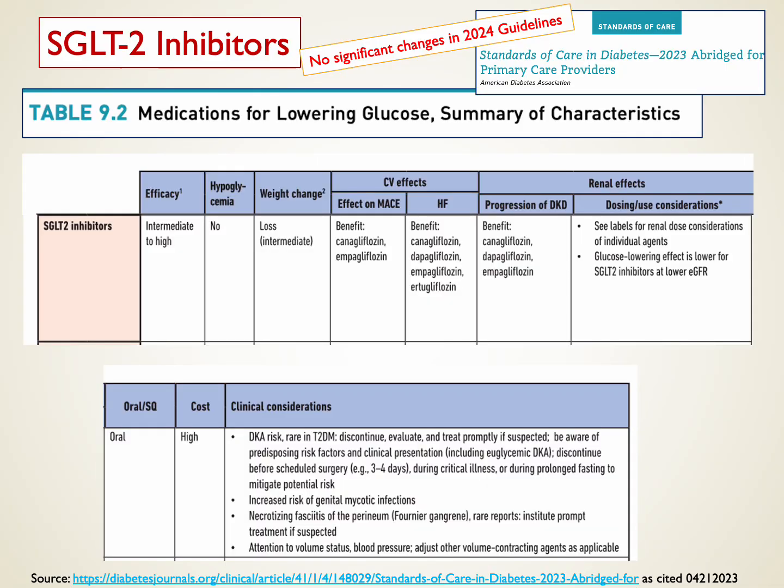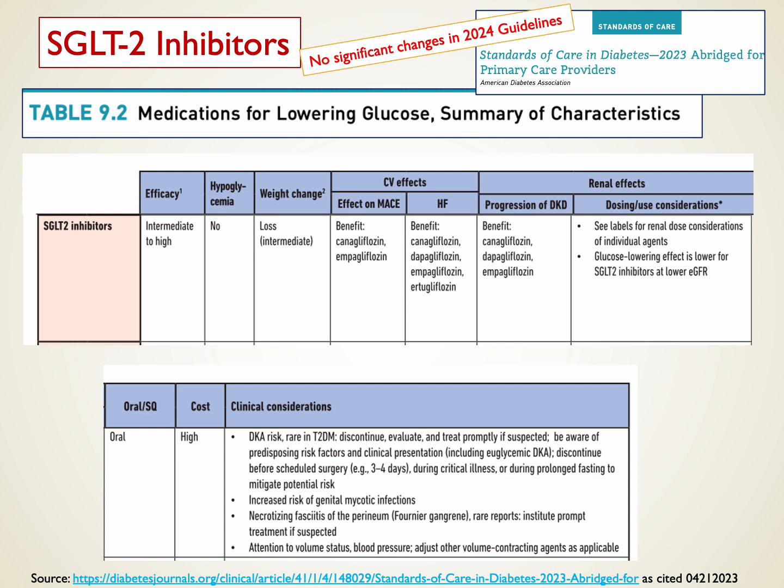Here we look at that the SGLT2s have an intermediate to high efficacy, not as much as the GLP-1s, but they also don't cause hypoglycemia. They offer some intermediate weight loss, and they offer a clear benefit in heart failure and some benefit in coronary artery disease, as well as benefit in the progression of chronic kidney disease.